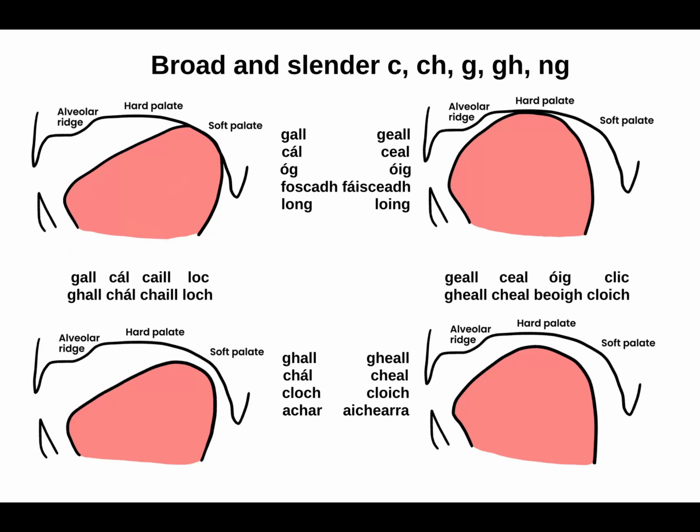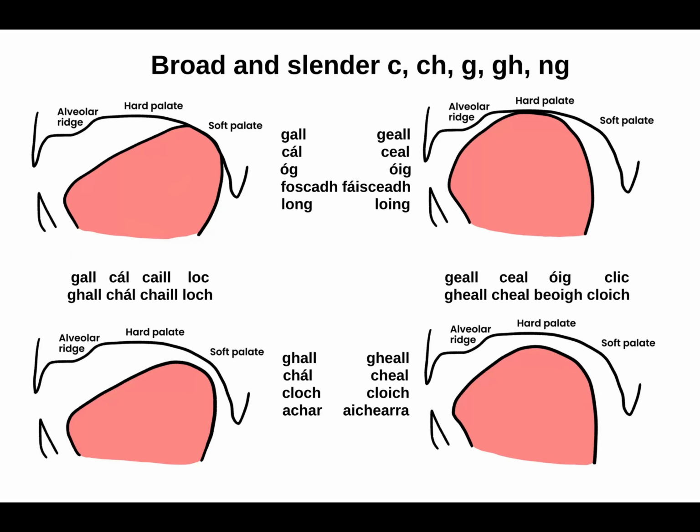So when we're pronouncing broad sounds in this group, the tongue is touching or approaching the soft palate. So everything on the left on this chart is broad, and everything on the right is slender. In the broad ones, we're involving the soft palate, and that's why these sounds are known as velar sounds, because the velum is another word for the soft palate.